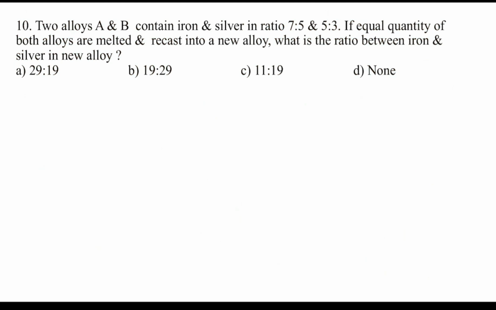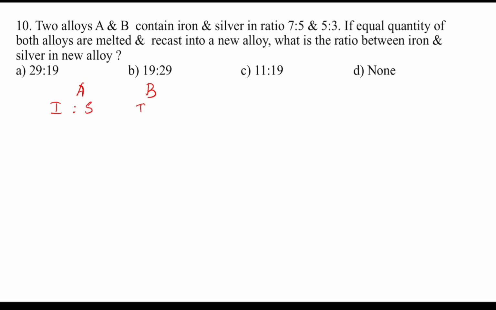Two alloys A and B contain iron and silver in the ratio 7:5 and 5:3. If equal quantities of both alloys are melted and recast into a new alloy, what is the ratio between iron and silver in the new alloy? There are 2 alloys, A and B, and they contain iron and silver.